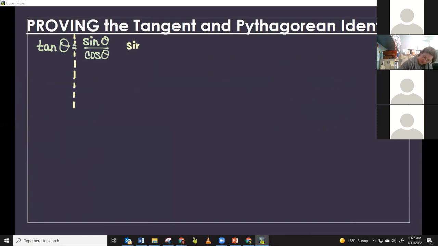In terms of x, y, and r, sine theta is equal to what with x, y, and r? What we were just talking about. Sine theta with x, y, and r.